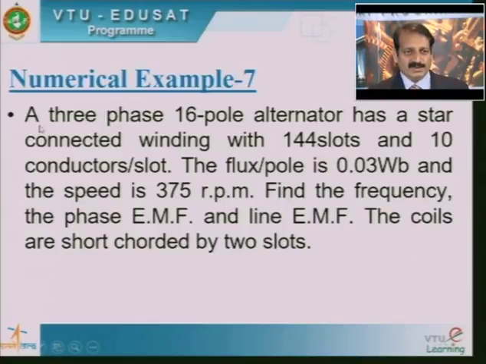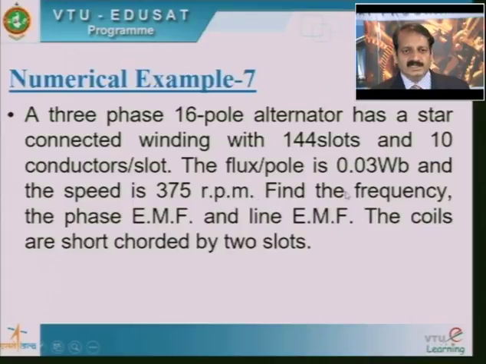In this example, we have a 3 phase 16 pole alternator which is star connected, and it has 144 slots and 10 conductors per slot. The flux per pole is 0.03 Weber and the speed is 375 rpm.